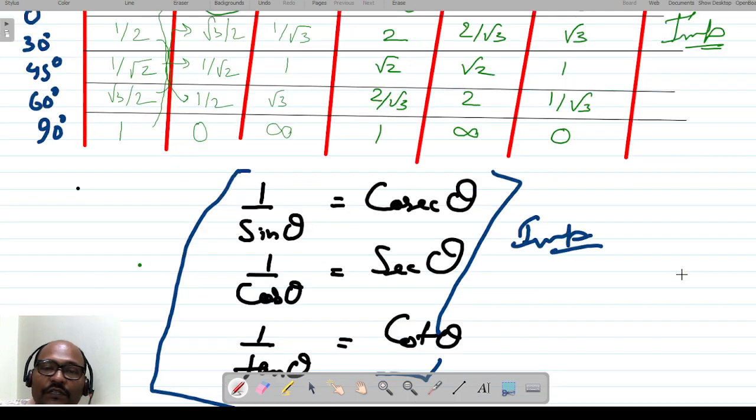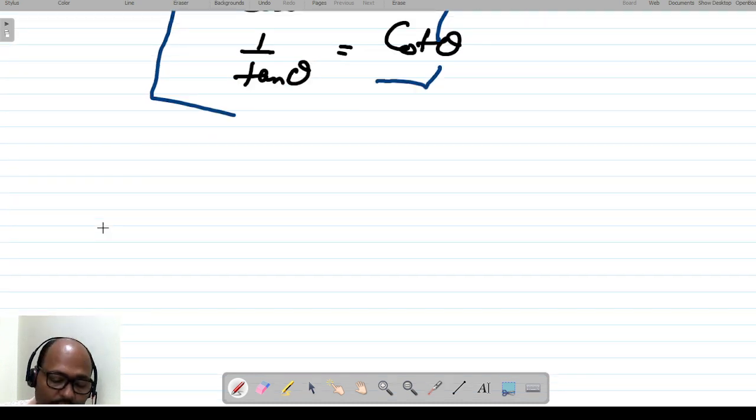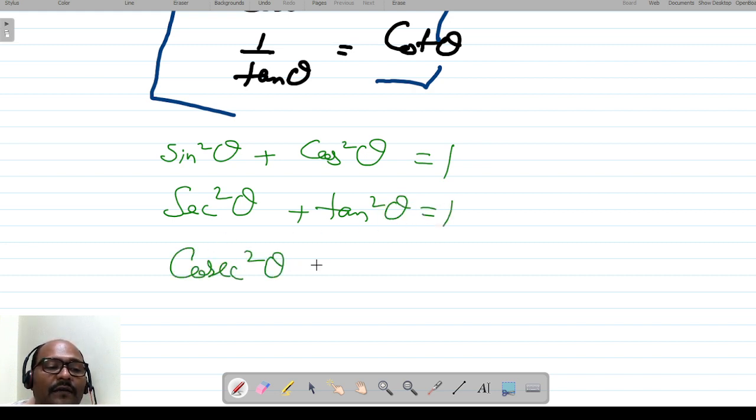Before closing the session, I will just give you 3 important identities which you can remember, and we will go into the details in our further educational videos. The 3 identities are: sine square theta plus cos square theta is equal to 1; sec square theta minus tan square theta equal to 1; and cosec square theta minus cot square theta equal to 1.